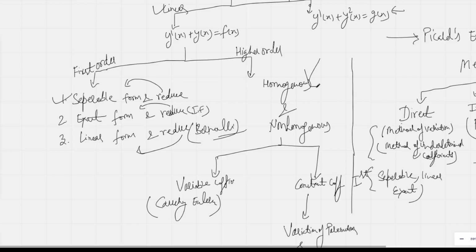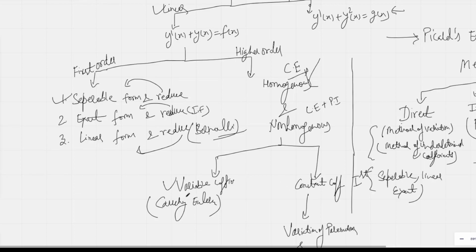One is homogeneous, one is non-homogeneous. In homogeneous, we only need the characteristic equation, and in the non-homogeneous equation, we have to find the complementary function plus the particular integral. Then we have two cases for the higher order linear differential equation: one is variable coefficients, one is constant coefficients.